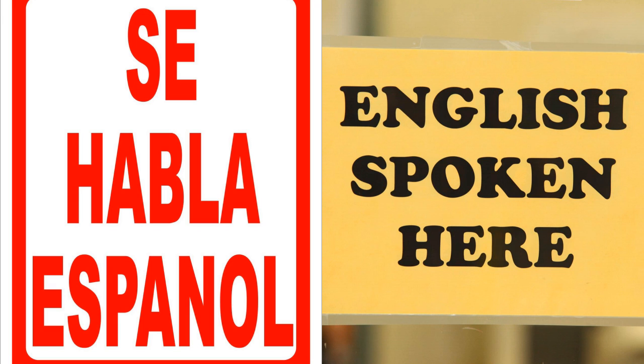And again, when you look at these signs, the point is that English is spoken in that place, or Spanish is spoken in that place, but we don't know who the person will be that will be speaking. We just know in general that someone in that building is going to be able to speak to us.